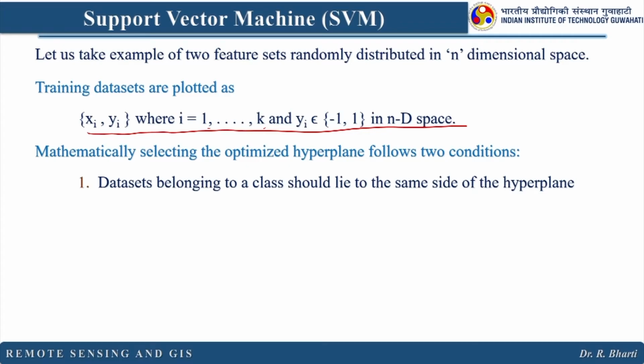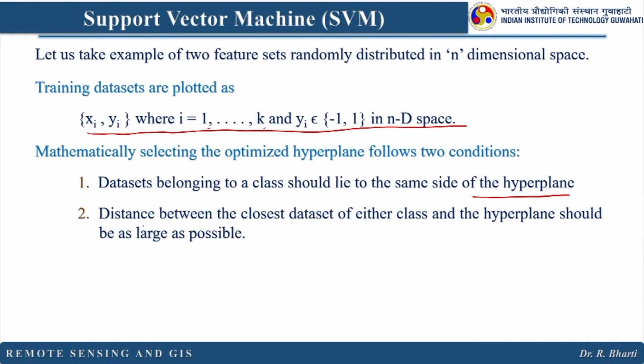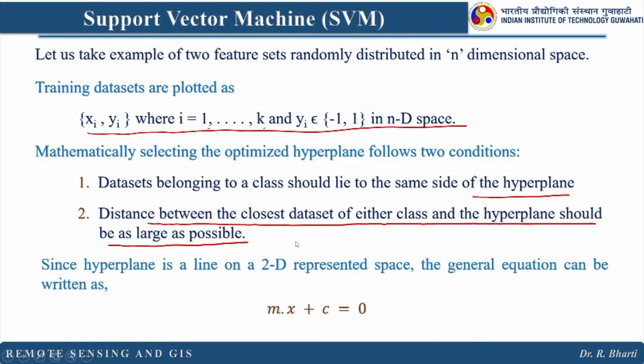First, data sets belonging to a class should lie on the same side of the hyperplane. The second is that the distance between the closest data set of either class and the hyperplane should be as large as possible.